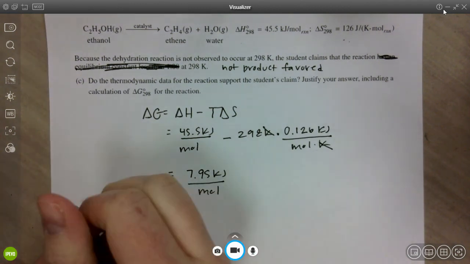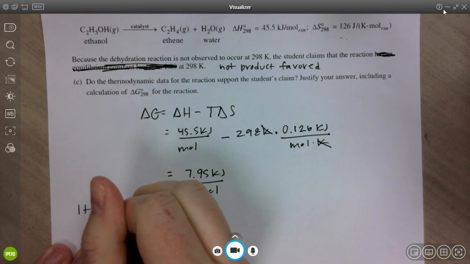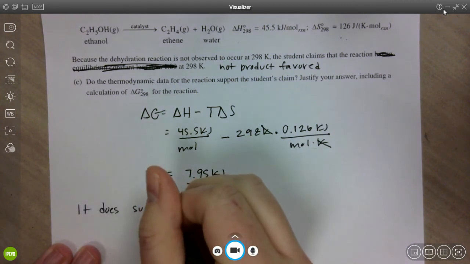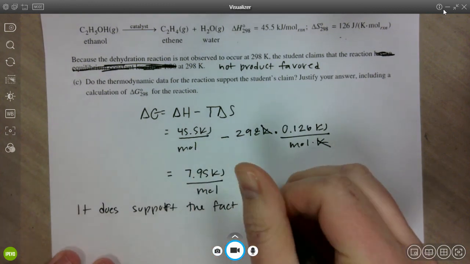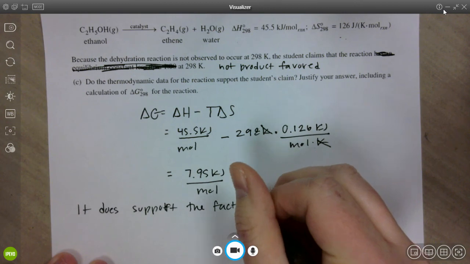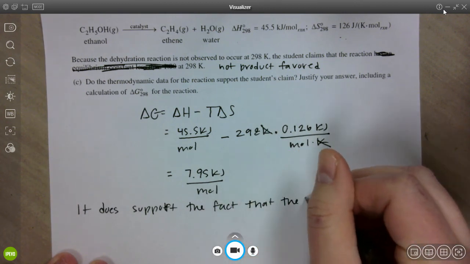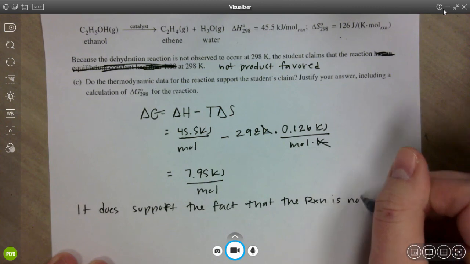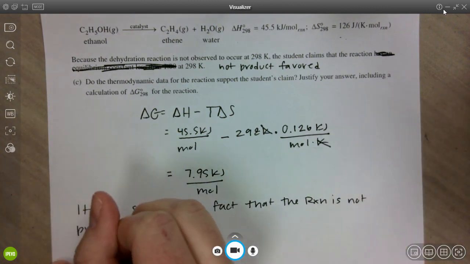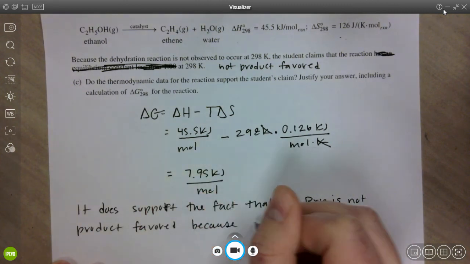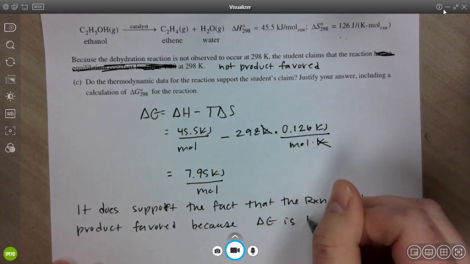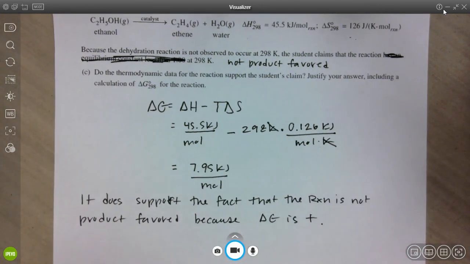In this case, we would say it does support the fact that the reaction is not product favored, because delta G is positive. And that's all you need to say. A positive Gibbs free energy means the reaction is not product favored. And that's it. That's all we've got to do.